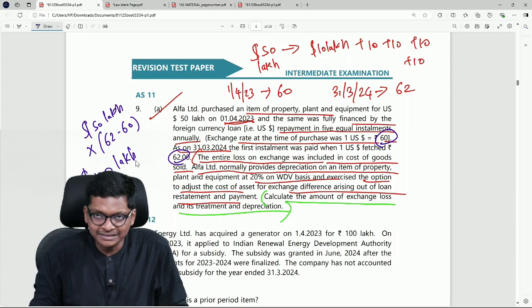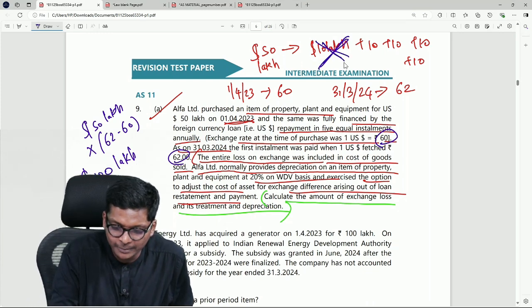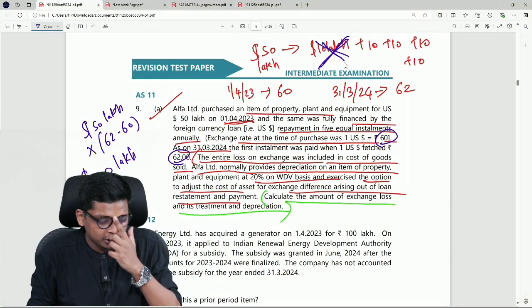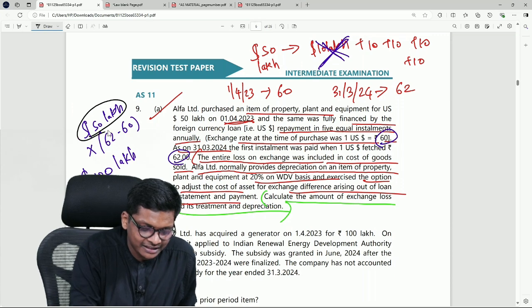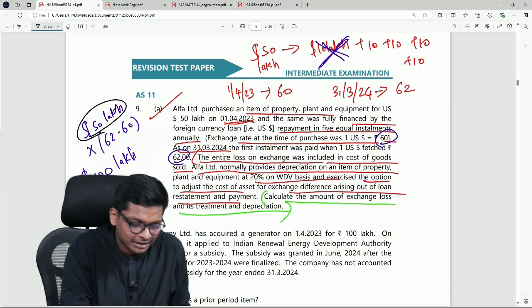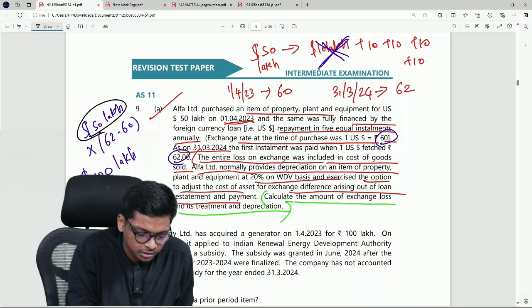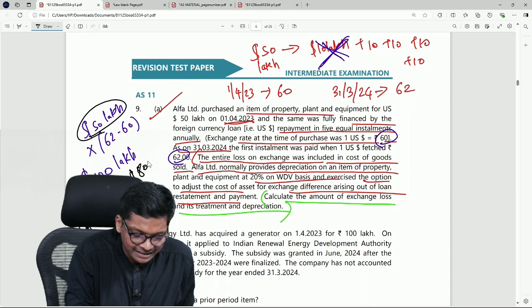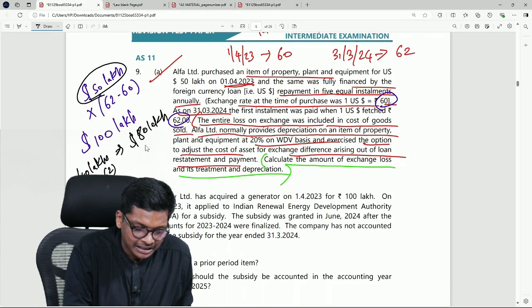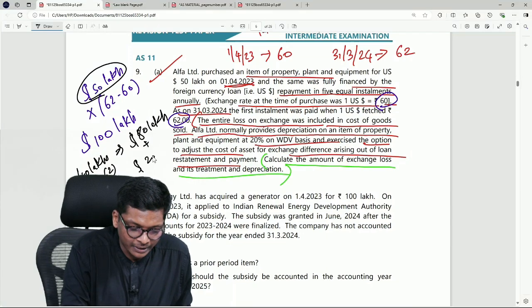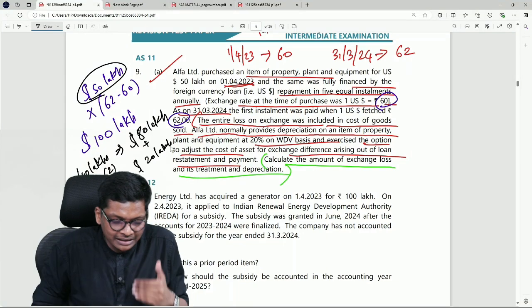But in this, the first installment is already paid. Therefore, out of 50 lakhs, the remaining loan is only $40 lakh, which will be repaid later. So, the loan is now going to increase by $80 lakh. And apart from this, additionally, $20 lakh is already paid.